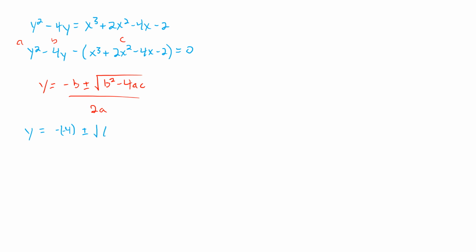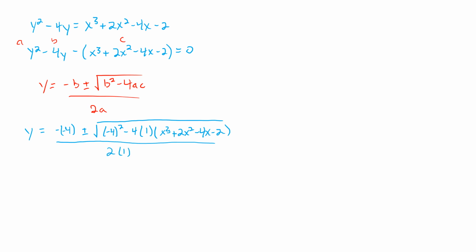So that would be negative 4 again, minus 4ac, divided by 2a. Okay, so we can simplify this.